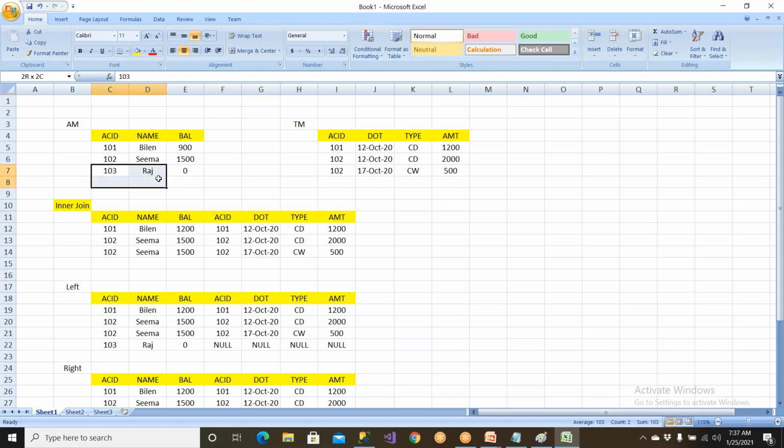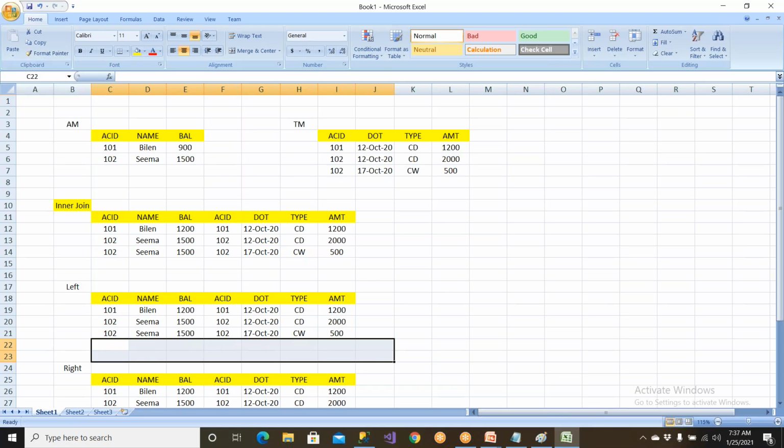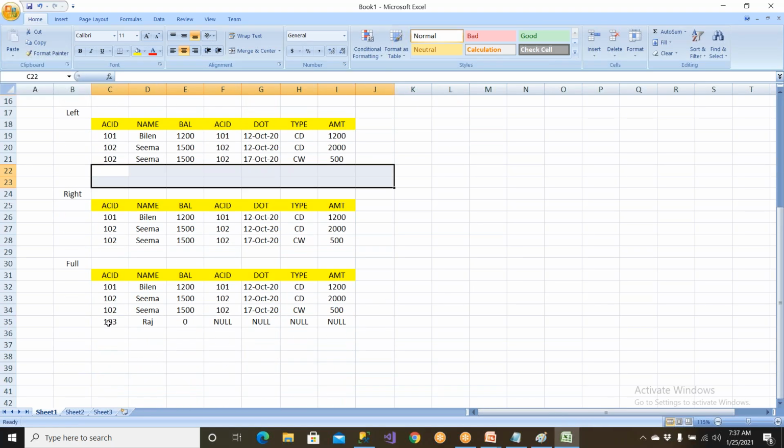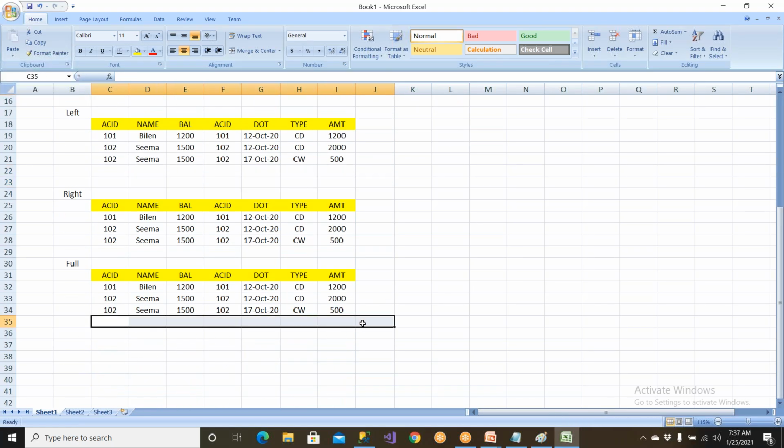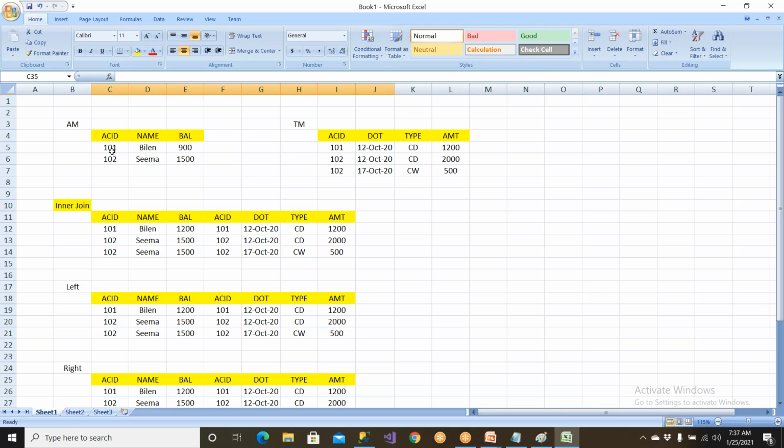If I don't have this row as well, inner join and left outer, right outer, everything will be inner join only. See now, if I don't have any unmatched data here, because 101 has opened the account and done some transaction, 102 has done two transactions, there is no unmatched data here, there is no unmatched data there.